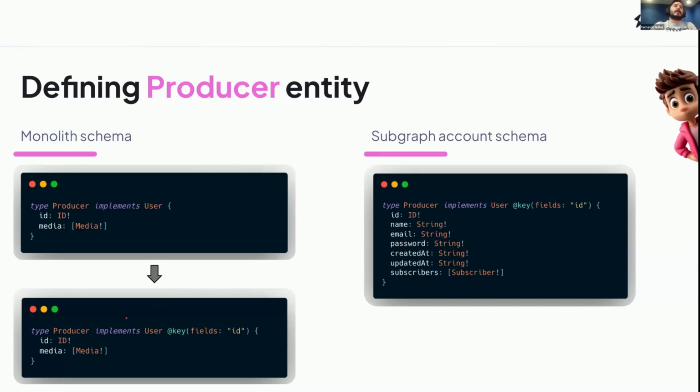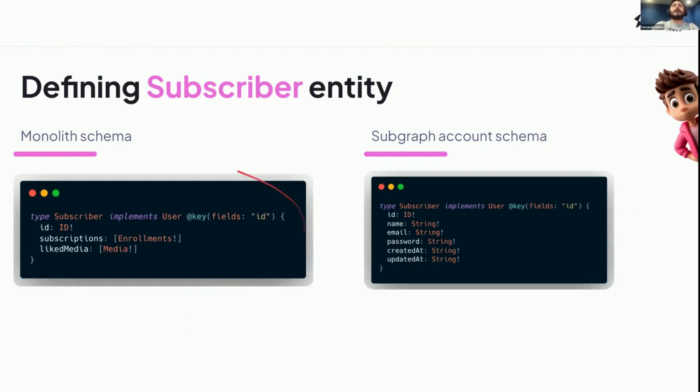And of course, our monolith is a subgraph and is also resolving another field that eventually, when we migrate the media subgraph, should be resolved by the media domain. But at this moment, it's being resolved by the monolith. So that's why we also need to define the entity inside of the producer, because we need to resolve the media field in the monolith.